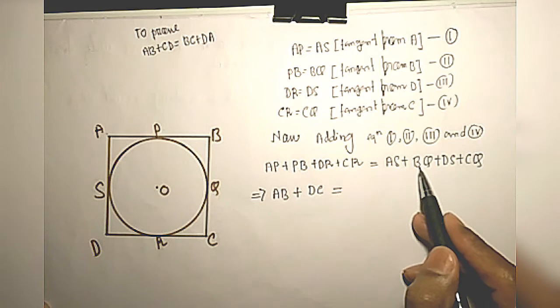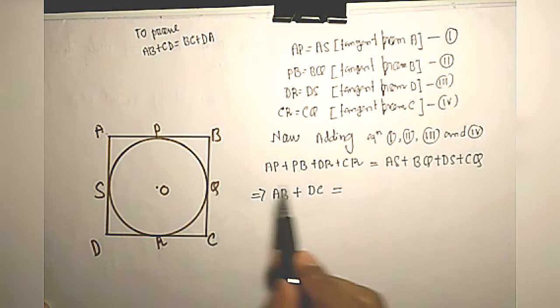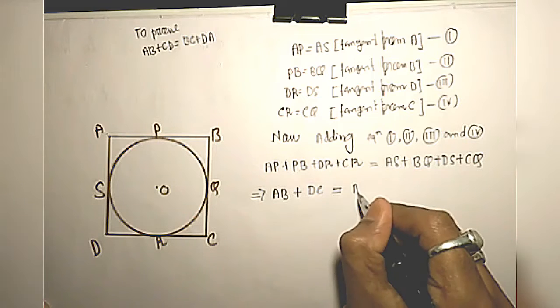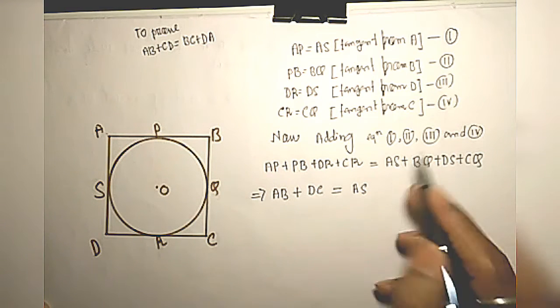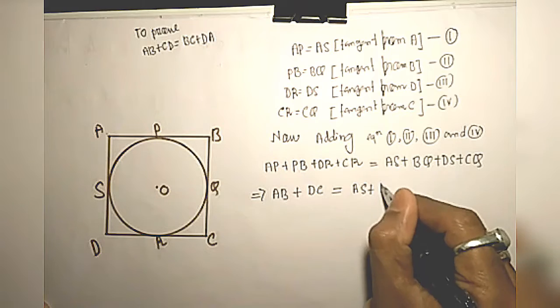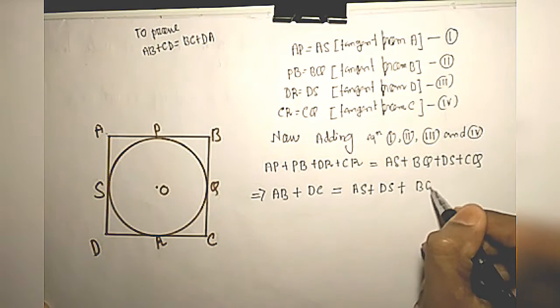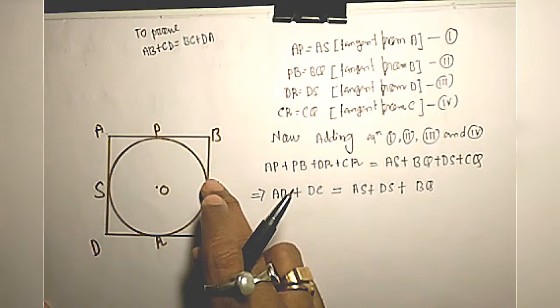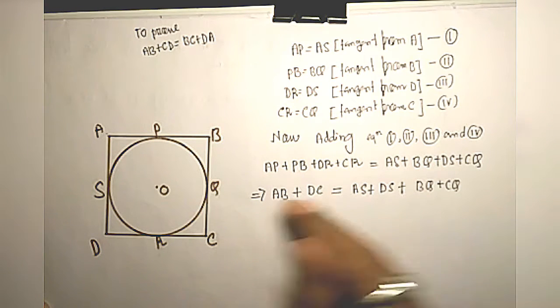Now AS and BQ are in opposite directions, so we need to arrange the terms: AS plus DS we should write together, and BQ plus CQ we should write together.